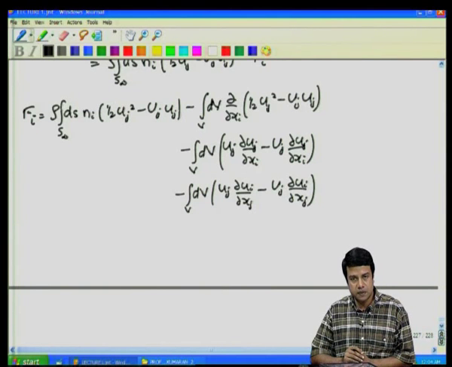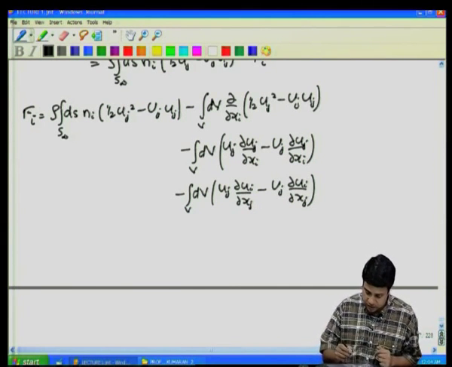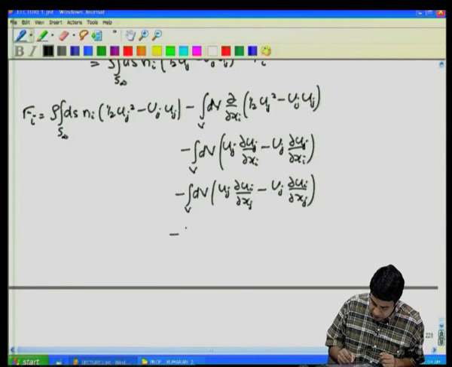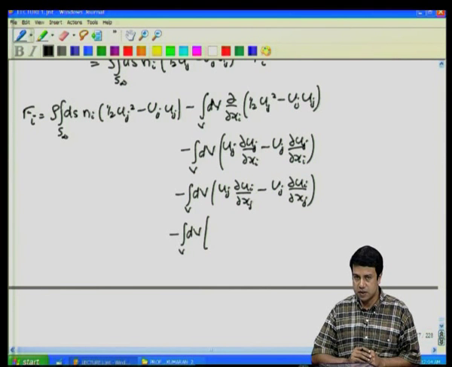I have just replaced partial uj by partial xi by its transpose, because I know that the rate of deformation tensor is symmetric in a potential flow. So, this I can write as minus integral dv. I do differentiation using the chain rule here.